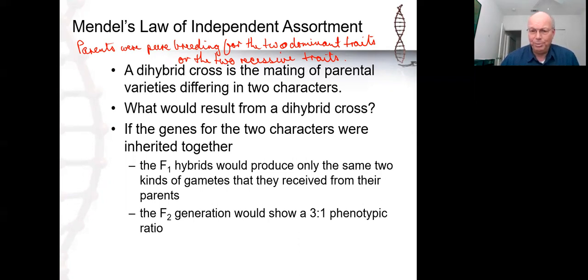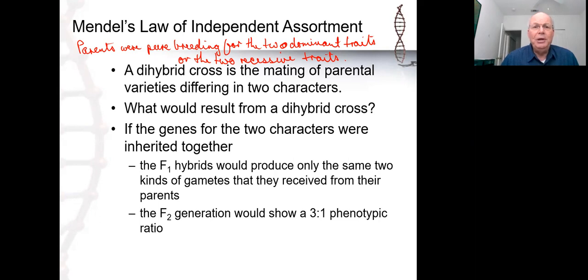Or was it possible that the alleles for the two separate traits could be separated in any possible combinations? What he really needed was not these pure breeding parents, but parents that were heterozygous for these traits, and those he could get from the F1s.